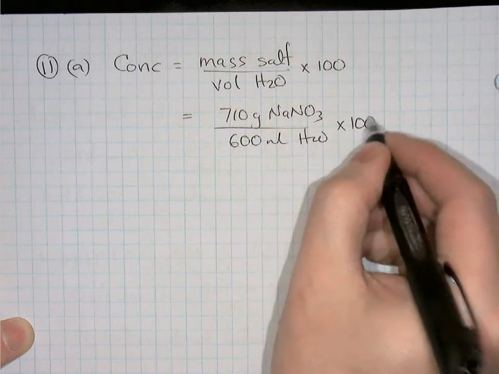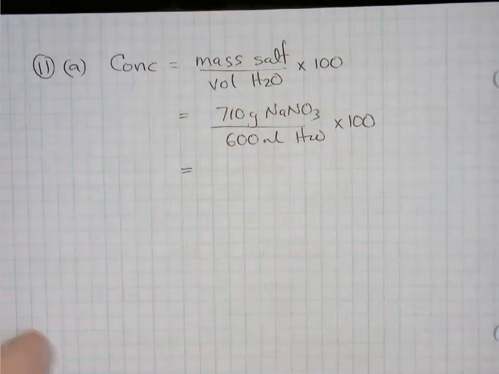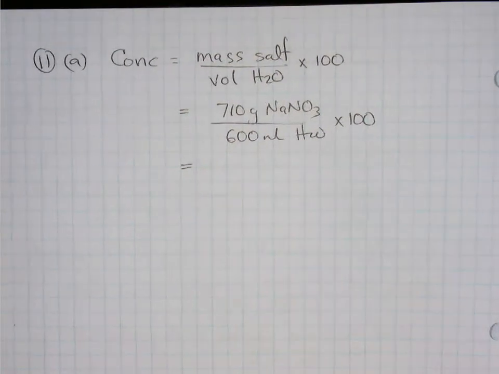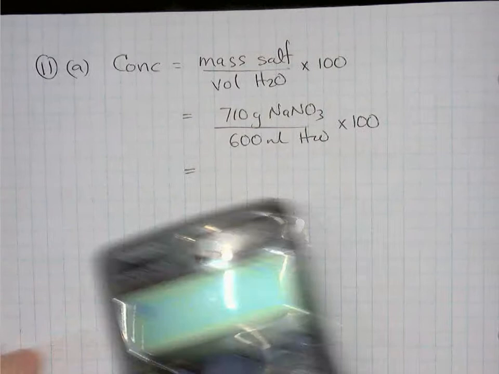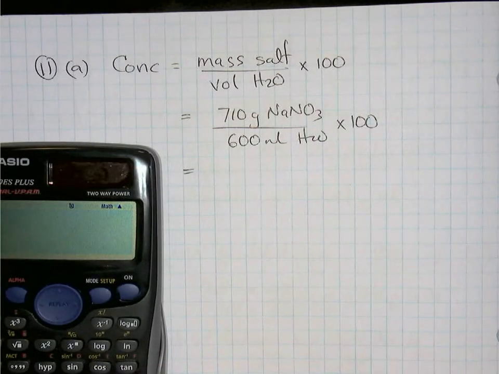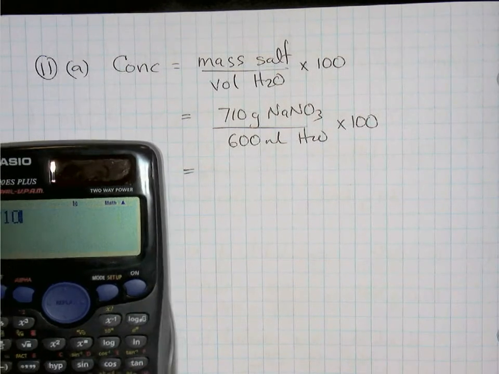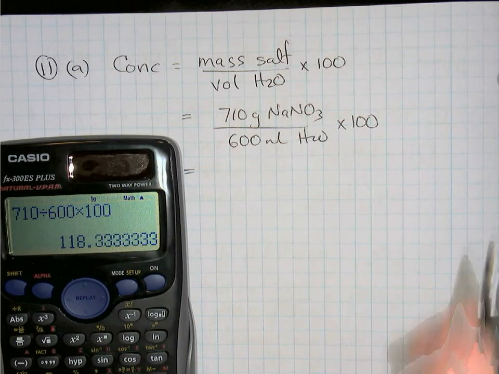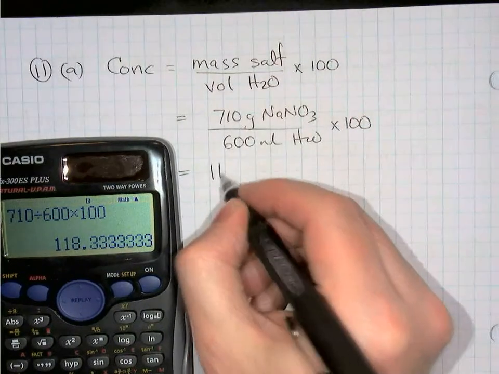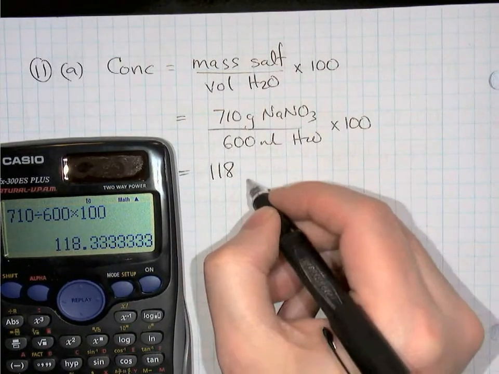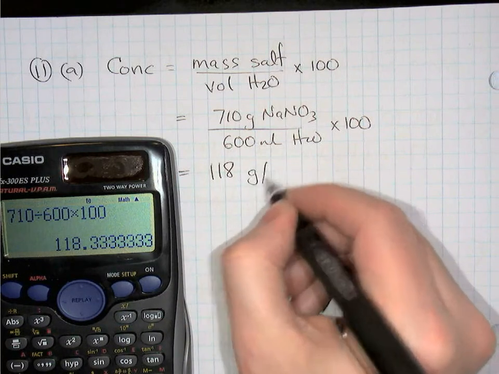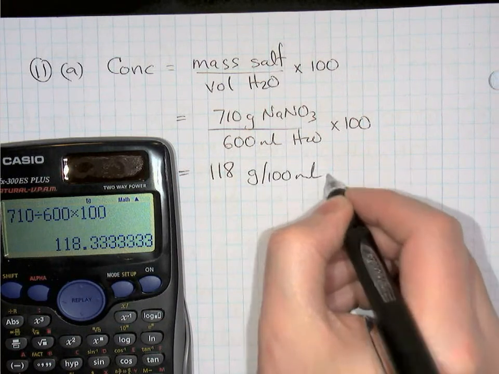And again, we times by 100 just so that the answer comes out as grams per 100 mils and not just grams per milliliter. So now on my calculator, 710 divided by 600 times by 100, and I get 118.3. I'll just round it off to 3 digits, 118 grams per 100 mils.